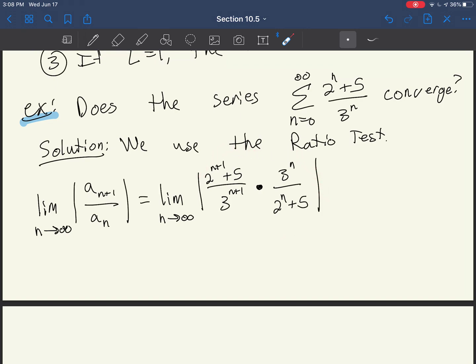I'm doing this, it's just easier to write it as multiplication than having nested fractions.